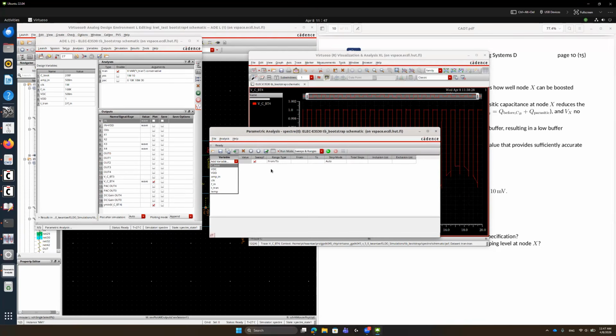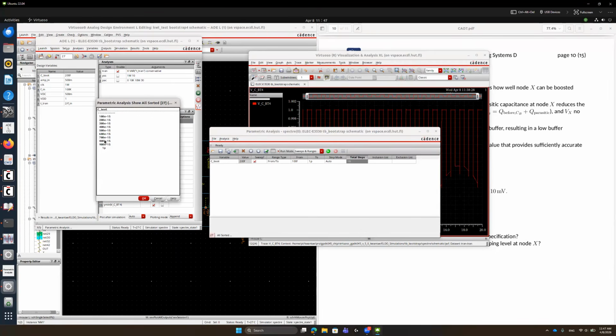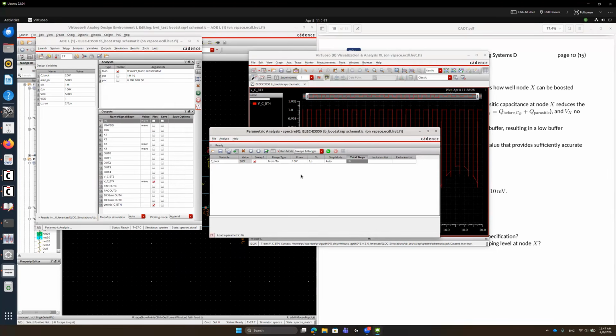Let's say Cboot from 100 femto to about 1 pico with 10 steps. Okay, then it sweeps from 100 femto to 1 pico by 100 femtofarad steps.